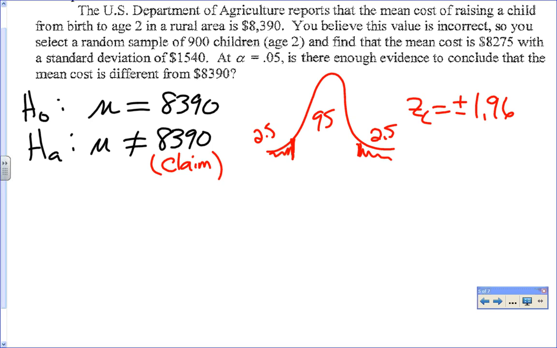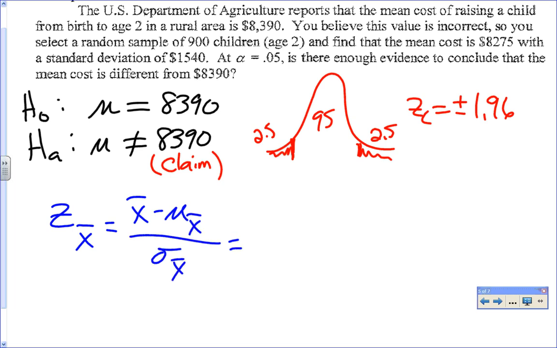Okay, so now we've got to go and actually find out our value. All right, so in our sample, what do we find out?